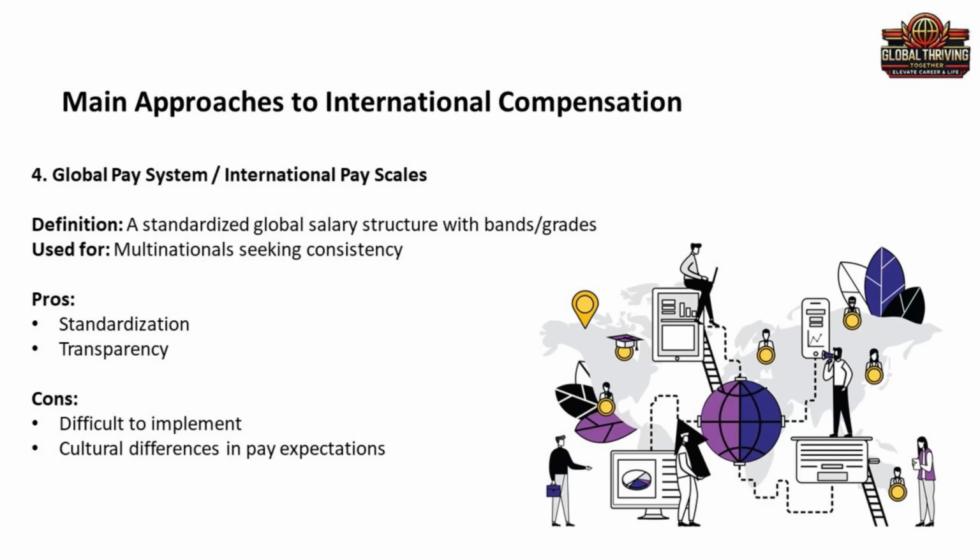It provides transparency and fairness across the organization, but it is difficult to implement and may not reflect local pay expectations. This model is used by companies striving for global consistency in compensation.